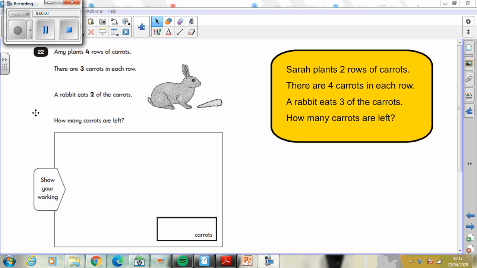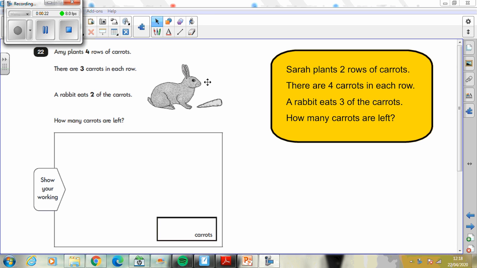Hello again. So, following on from my previous recording where we looked at question 17, we now have another two-step word problem, but this time it involves multiplication rather than addition.